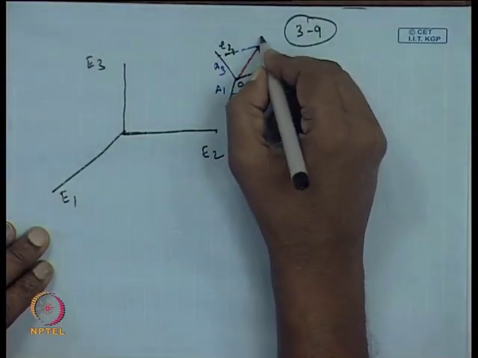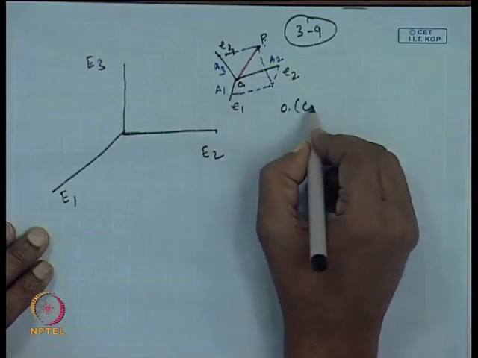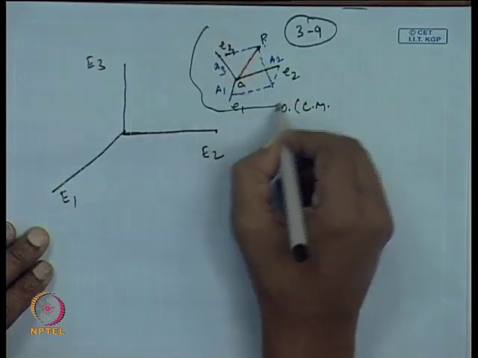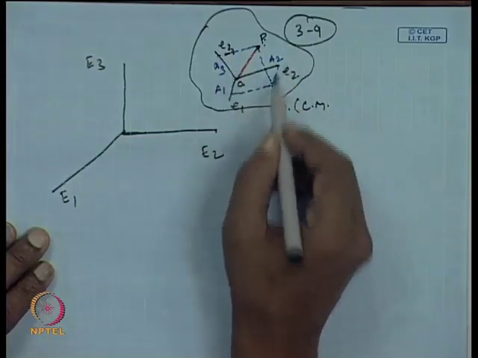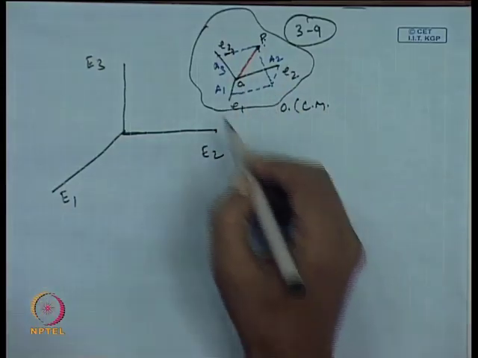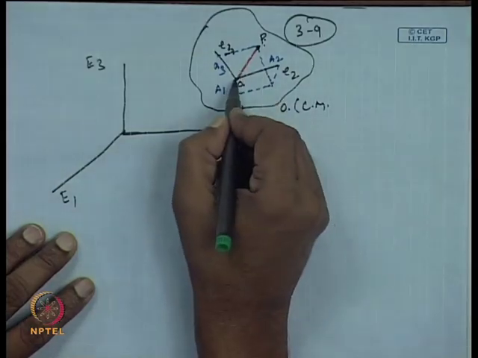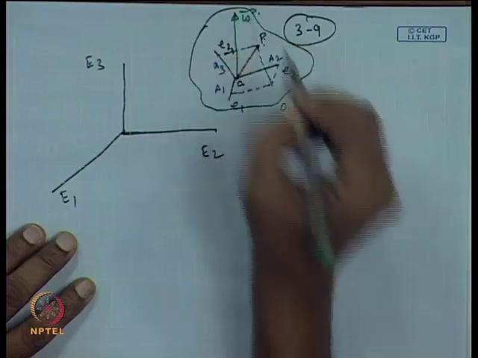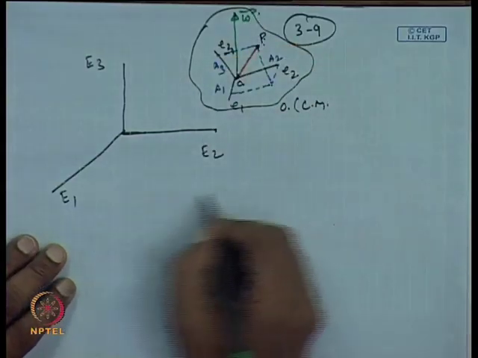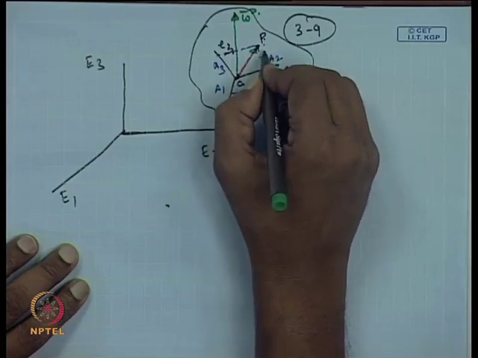Here P is a point, and say this point O is the center of mass of this body. This is a point we have taken inside a rigid body, and the E1, E2, E3 reference frame is fixed in this, and this reference frame is rotating with an angular velocity of say omega. And this vector we have written as A.